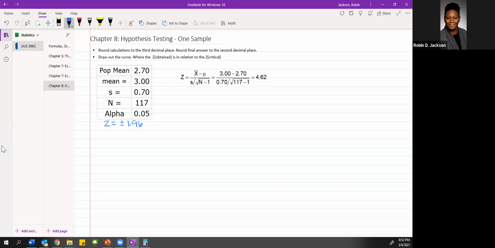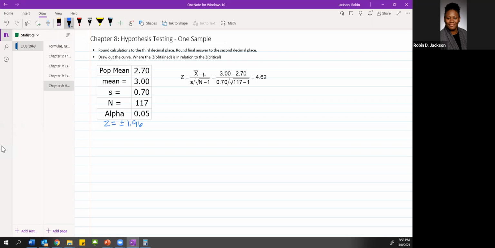Because remember, this is what we call a two-tailed test, which I'll talk more about later on in the lecture. But because we're splitting that alpha up between the two regions, we know that the Z is plus or minus 1.96.